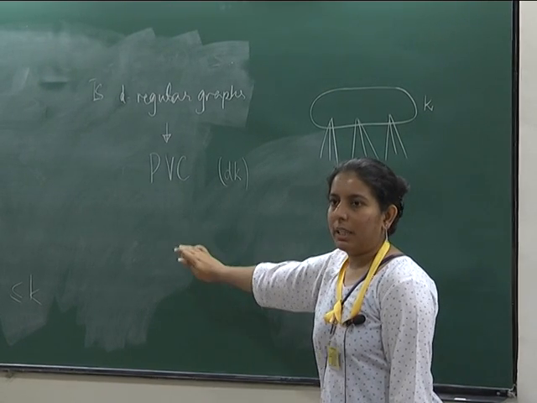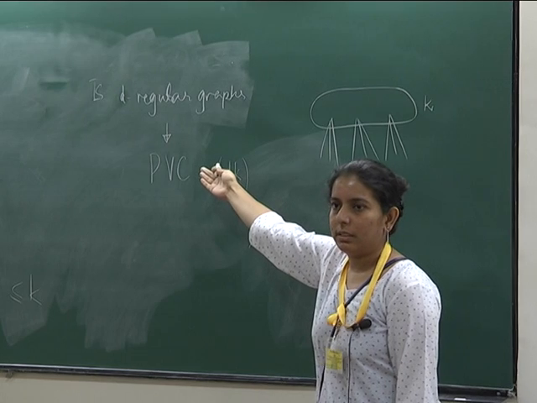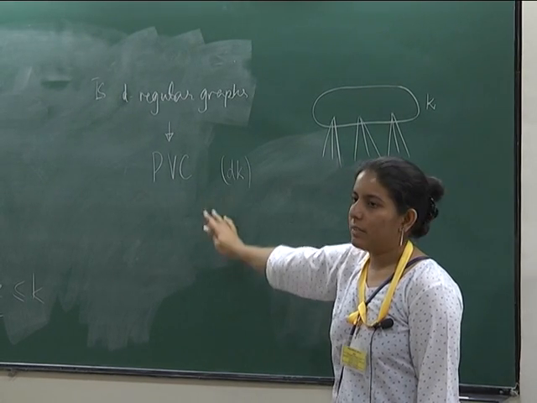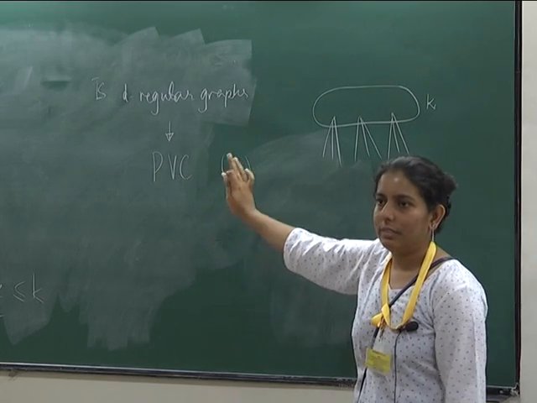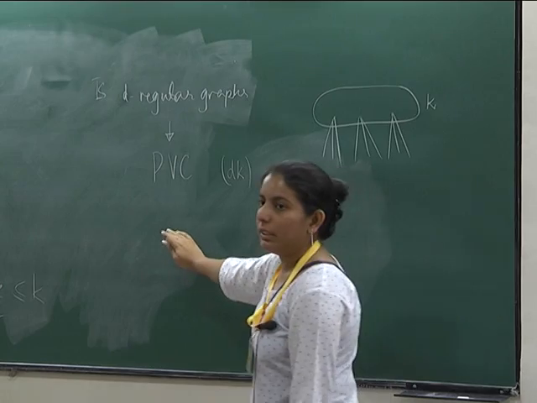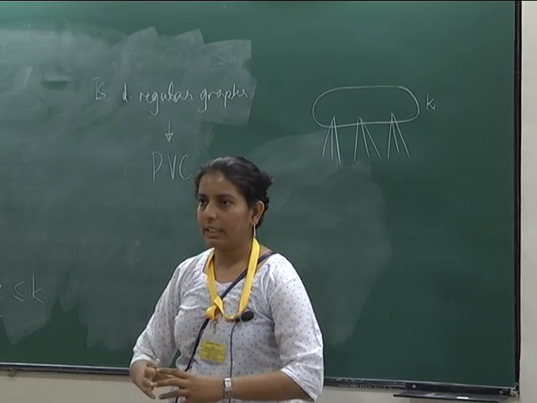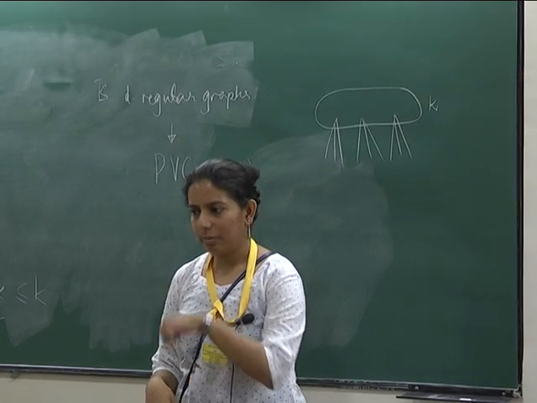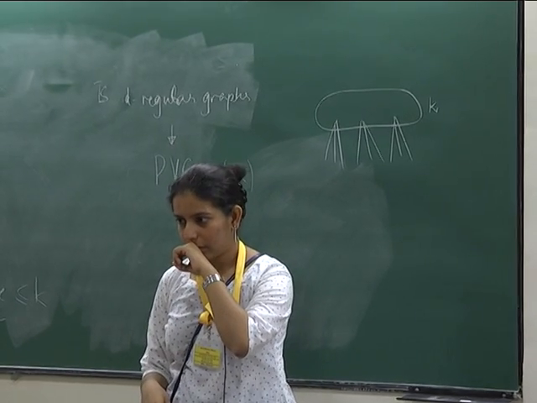I claim that this partial vertex cover must be independent. Why is that? I haven't changed the graph. Notice that the reduced graph is exactly the same, so this graph continues to be d-regular. So if there is a set that's covering d times k edges, it cannot afford to have an edge inside. If it has, then it must have degree d plus 1.